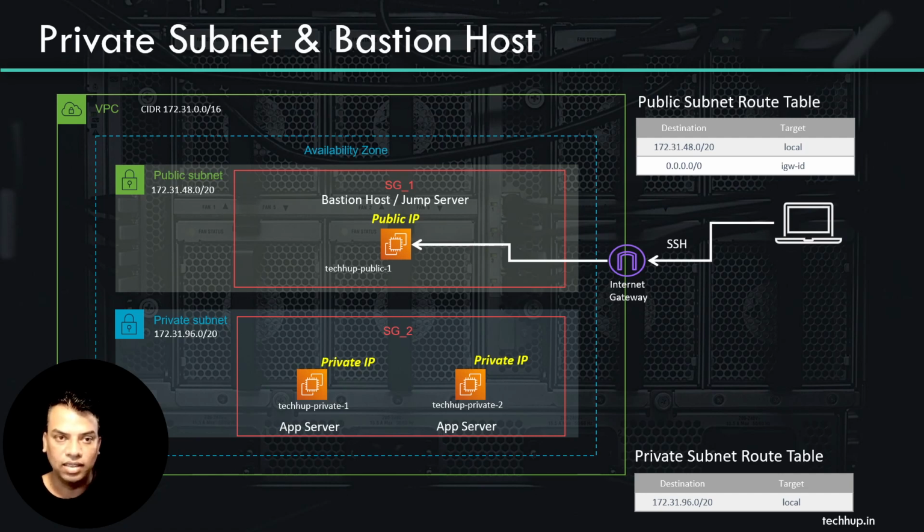Now, this client can be on an external network, which can be my office network, or it could also be my home network. So I would whitelist only that CIDR block or that IP from where I am trying to access this EC2 instance, so that this SSH port is not open to the entire world on the World Wide Web. And that is a security best practice.